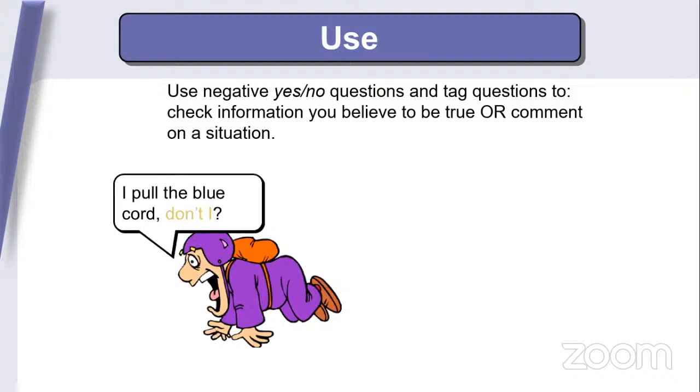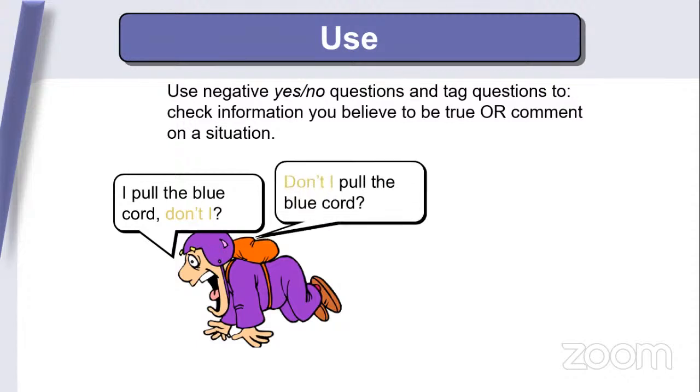For example, use negative yes no questions and tag questions to check information you believe to be true or comment on a situation. I pull the blue cord, don't I? For example. The next one, don't I pull the blue cord?